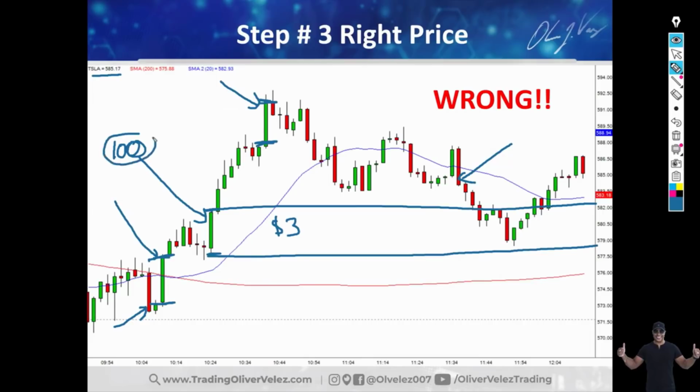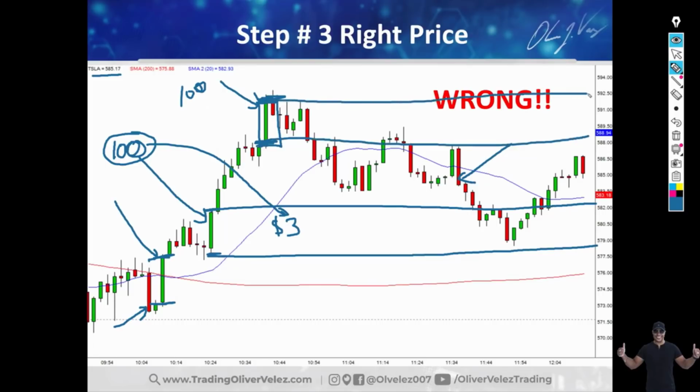A 100 share position that loses $3 loses $300. 100 shares, measured by the size of this bar from high to low. This is how we judge whether we're playing the right price range.